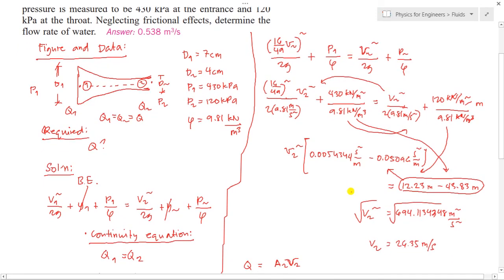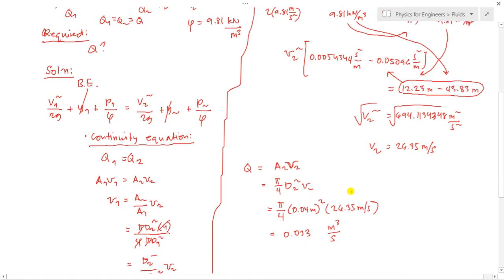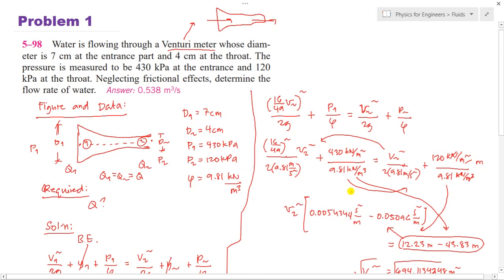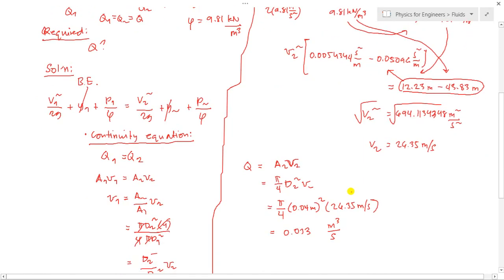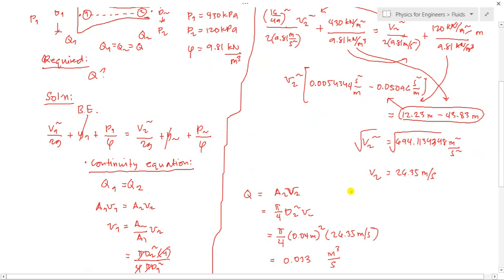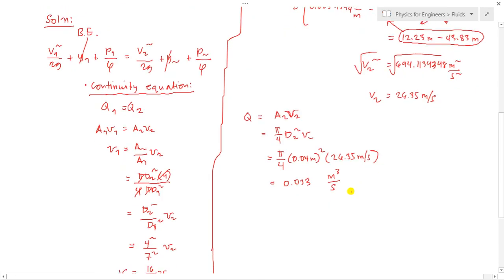26.35. So the volume flow rate is pi over 4 times the diameter, in centimeters, at point 2. V2, so 4, pi over 4, then 4 divided by 100 squared times 26.35.